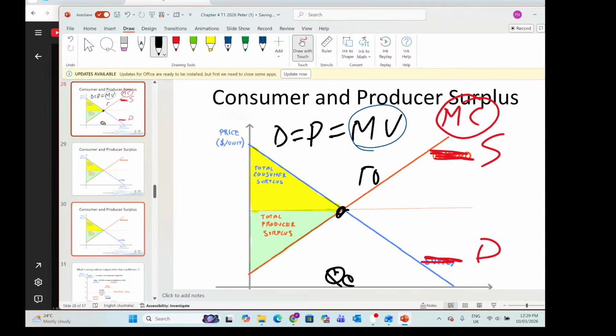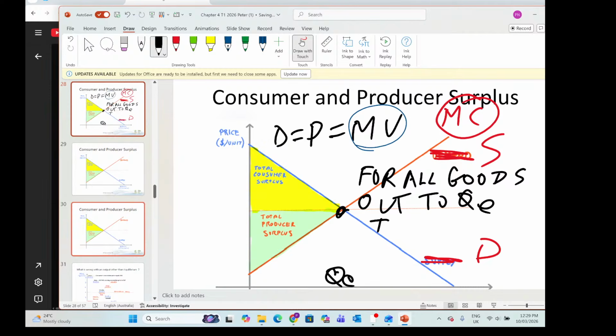For all goods out to QE, the marginal utility exceeds the marginal cost.